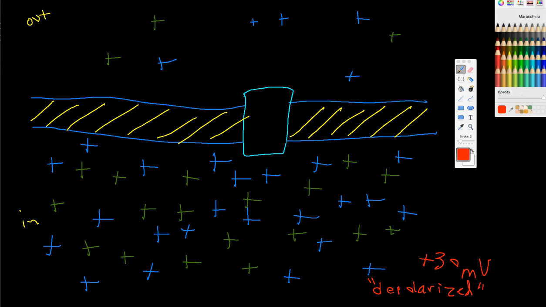So what if we want to repolarize it, get it back to negative 70, our resting potential? Well, we can do that by letting positive charge back out of the cell, but turns out this is a voltage-gated potassium channel, and it likes to be open at positive 30 millivolts.